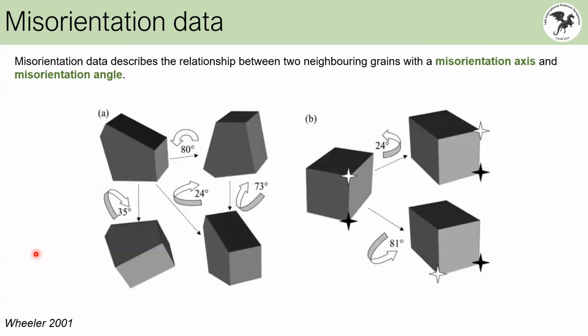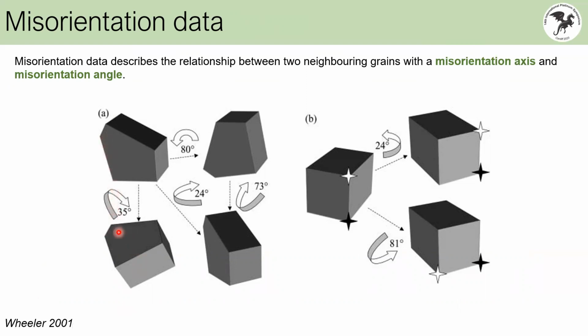So the way to assess crystallographic orientation, apart from just looking at the texture, is looking at the relationship between the neighboring grains. And John Wheeler published an amazing paper. I have a list of references at the end. It's a bit hard on crystallography, but you can define the relationship between 2 grains by looking at the axis and angle between these 2 grains.